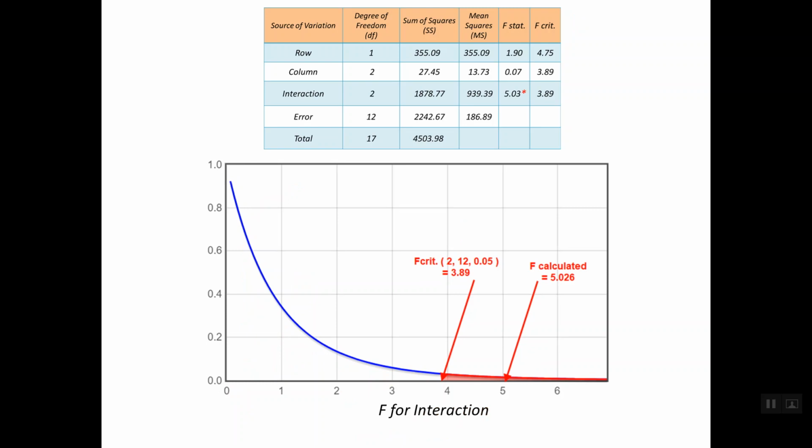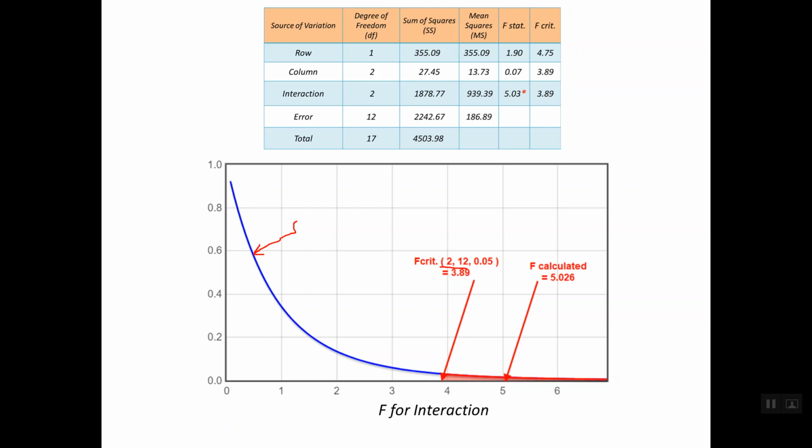And finally, for the interaction, this is the curve of the interaction. It is the same as the previous F curve, because it is for degrees of freedom 2 and 12. But the calculated value for the interaction is greater than the critical one.